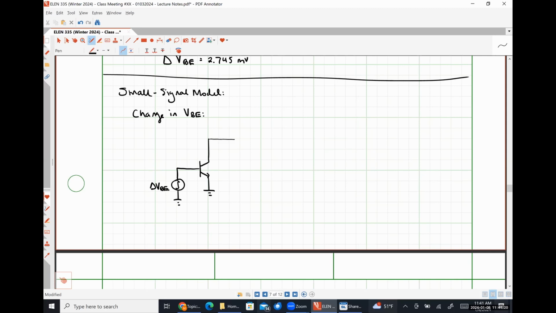Over here on the right-hand side, I'm going to put a voltage source for VCE, and we are holding this to be constant.